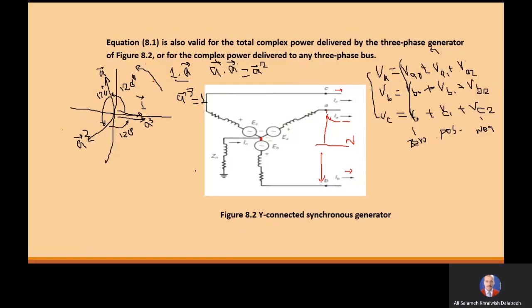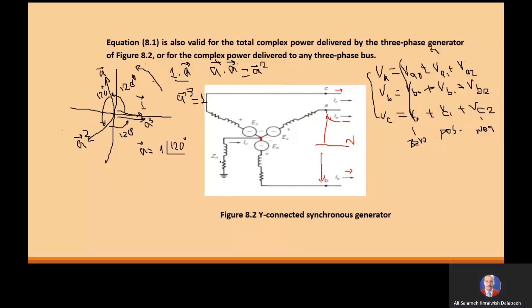Okay. And also, as you see, we can write A in this form. The vector A is equal to 1 with an angle of 120 degrees.